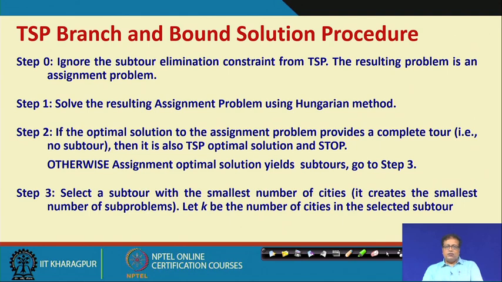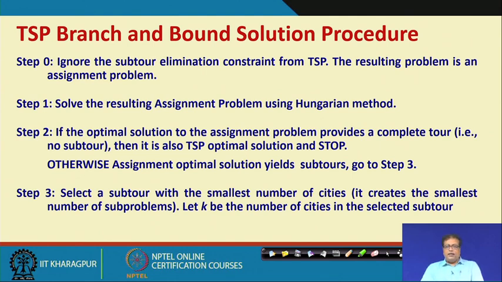So, we stop. In our previous example, we solved the assignment problem and we stopped. But what happens if the assignment optimal solution is not giving a complete tour? If we have a subtour, then we should go further.